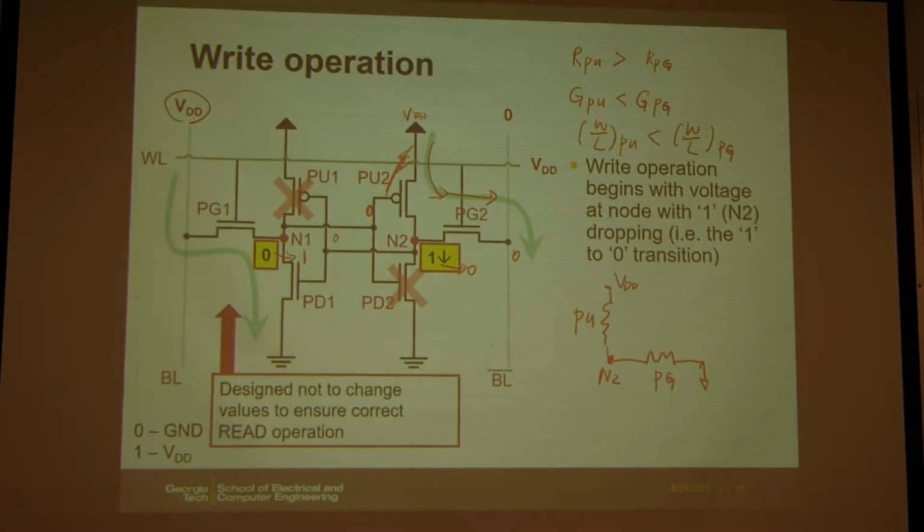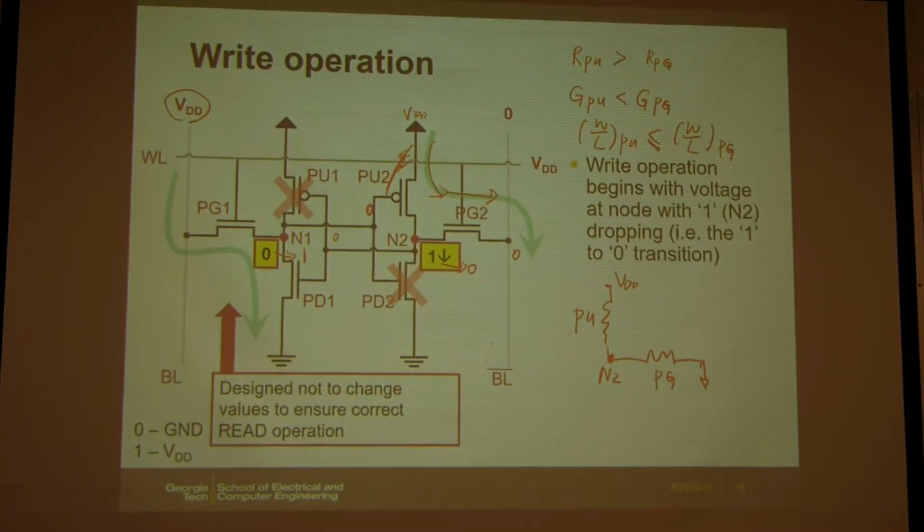If the W over L of the PU is smaller than W over L of the PG, then you can satisfy that condition. However, here I would say that even if they are equal, you can still satisfy that condition. The conductance of the PU is smaller than the conductance of the PG, even though the W over L are the same. So why is that? Any idea? If they have the same W over L, still that condition is satisfied.